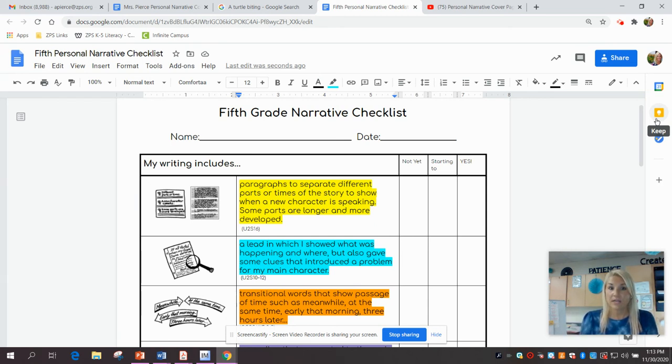You might even want to reread it with someone at home, a big brother or sister, or a mom or a dad, and have them look through and see if there's things that they can find, because this is going to be a grade on your report card. Remember, you can also hop onto Zoom if you have questions about your piece. I know that you just watched the cover page piece, and now here's your second video watching the checklist. So then tomorrow you're ready for the next part of publishing.